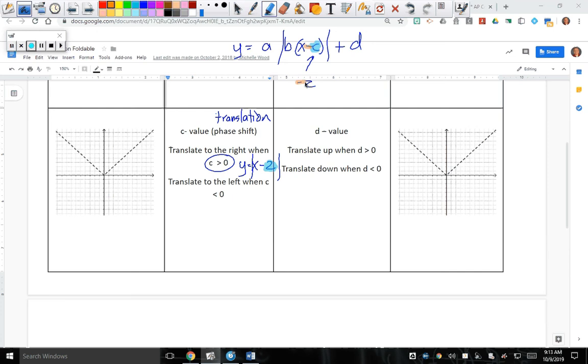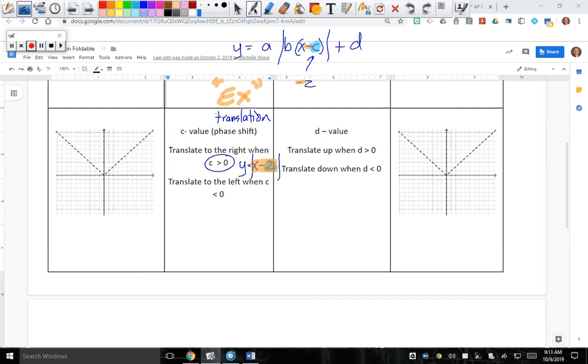A positive. You with me? So the easiest way I teach students is that whatever you see with the X, we're going to interpret the opposite. So when I see X minus 2, it almost looks like I should move 2 to the left. You with me? But since I'm with the X, I'm not moving 2 to the left. I'm moving 2 to the right because I'm doing the opposite. You with me? All right.